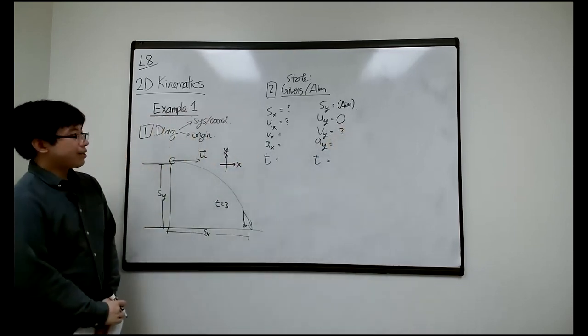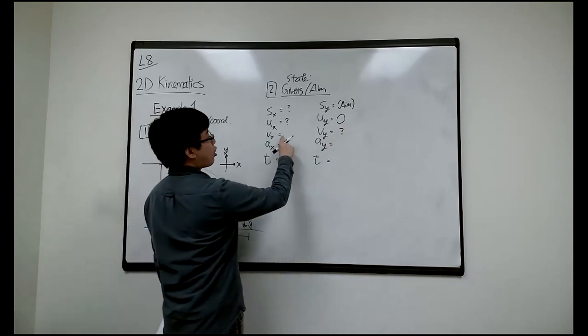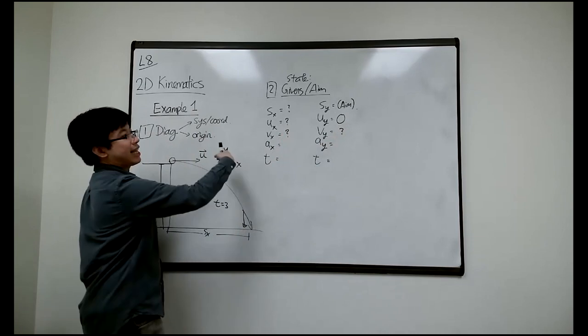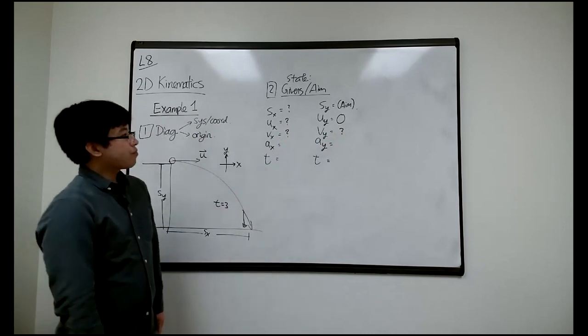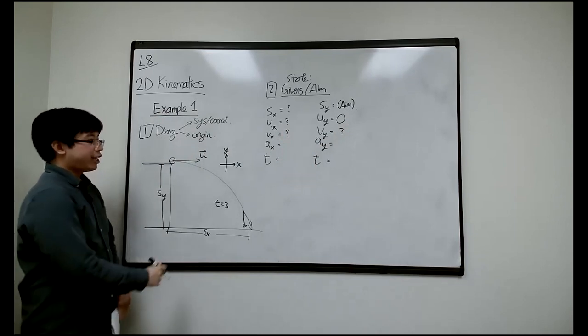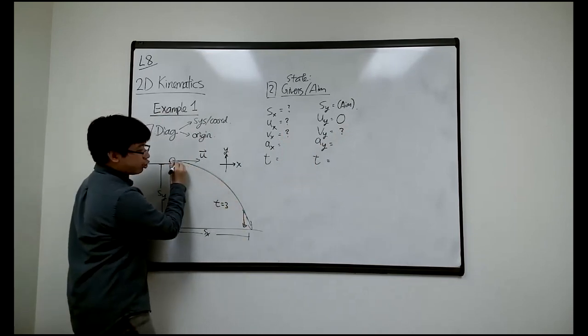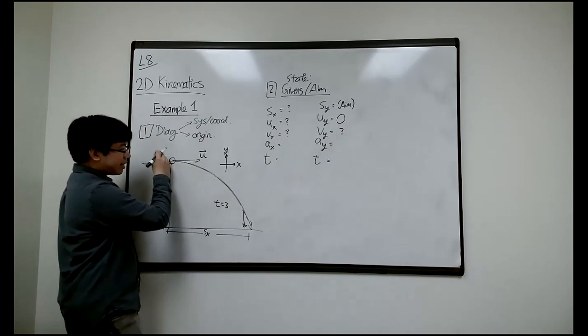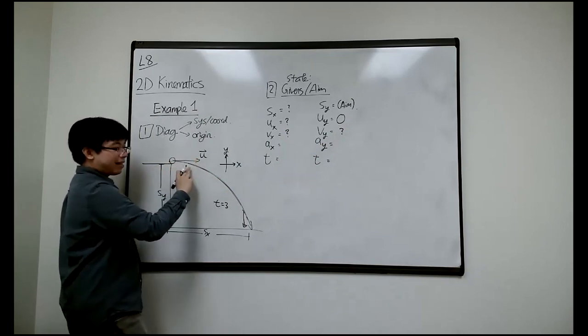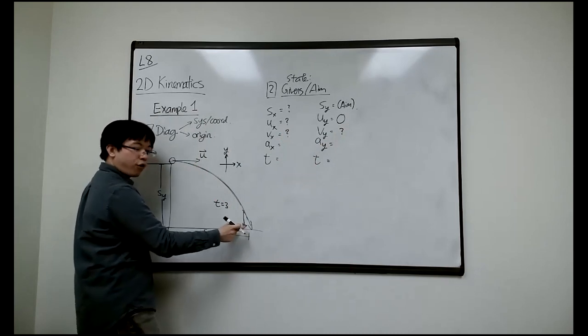What else? Do I know vx? No. I don't know what the final velocity in the x direction is. Do I know ay? ay is the acceleration during this process, from the instant after you launch it until the moment just before it hits the ground.